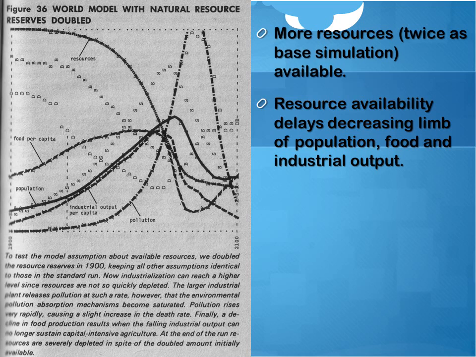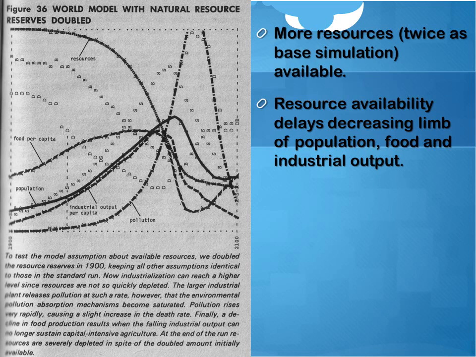Of course, they get depleted later on, so there's a delay. But nonetheless, if there's a delay in resource availability, there'll also be a decrease in associated population, food, and industrial output. So it's the same finding. It just happens later because you have more resources.